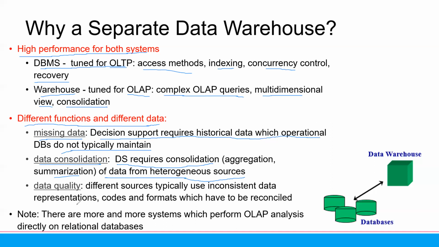And the data quality. The different sources typically use inconsistent data representation. It might be used different codes, it use different formats that you need to be reconciled. So that's why when you do with the data warehouse, those issues will appear, which is not available in the operational data.